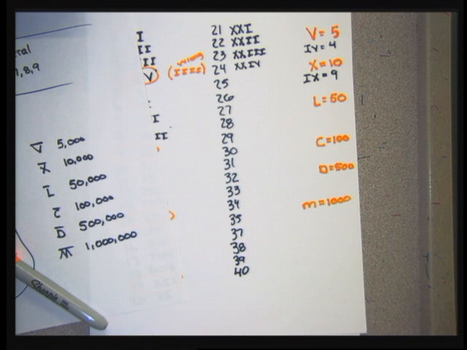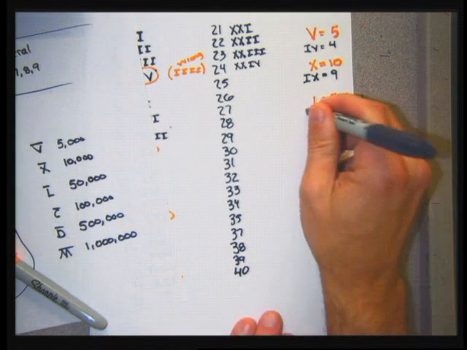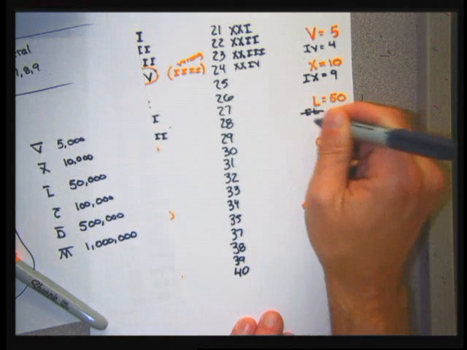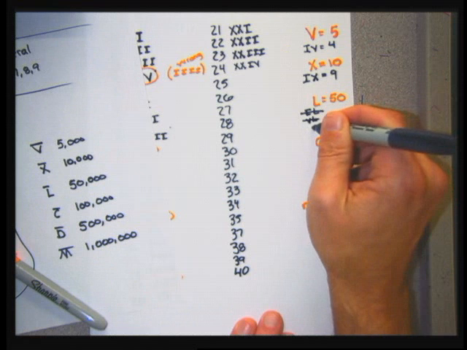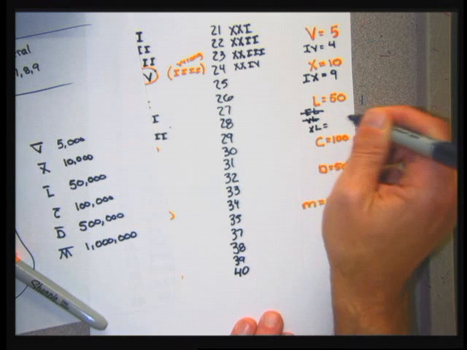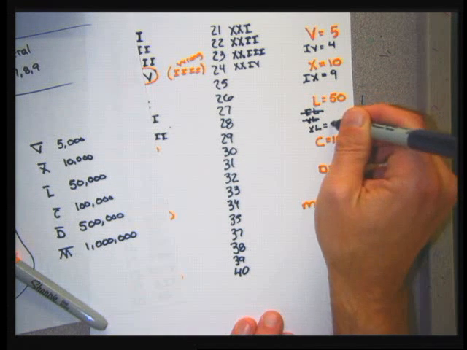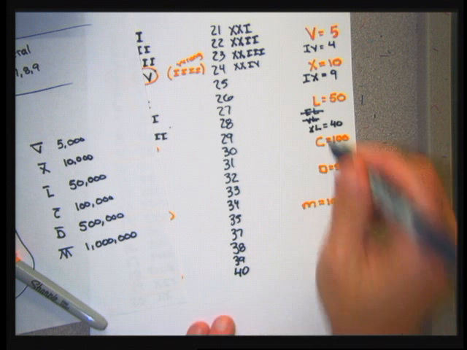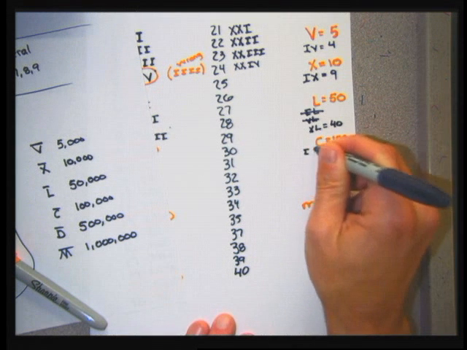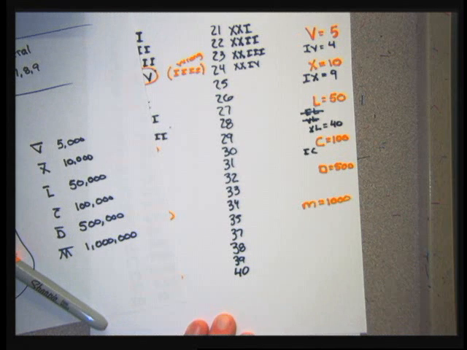When we go to the L, the Romans won't use IL. They won't use VL, but they will use XL. XL is going to be 10 less than 50, which is 40. For 45 and 49, they'll have different numbering systems, so the IL and VL aren't acceptable. Similarly, they won't write IC, which seems like it would be 1 less than 100, which would be 99.